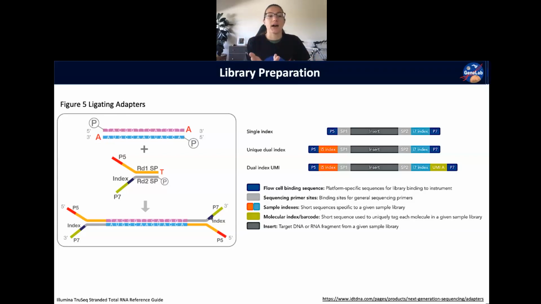We can tell the program, if you read this set of letters in that second read of the Illumina sequencing, tell me that this sequence goes to the sample that we put that specific index on.